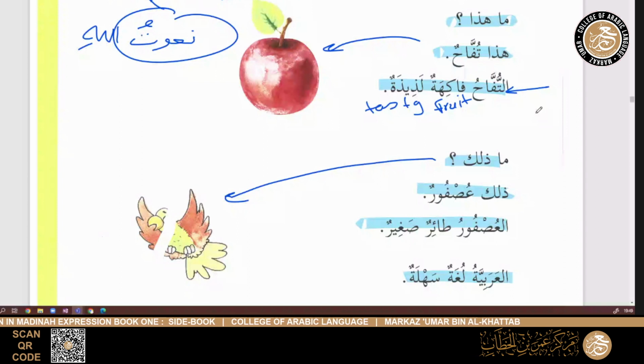Anyone? Fakihatun is man'ut. Yes, and ladidhatun is na'at. So fakihatun is that which is described, and ladidhatun is a description. So the apple is a tasty fruit.